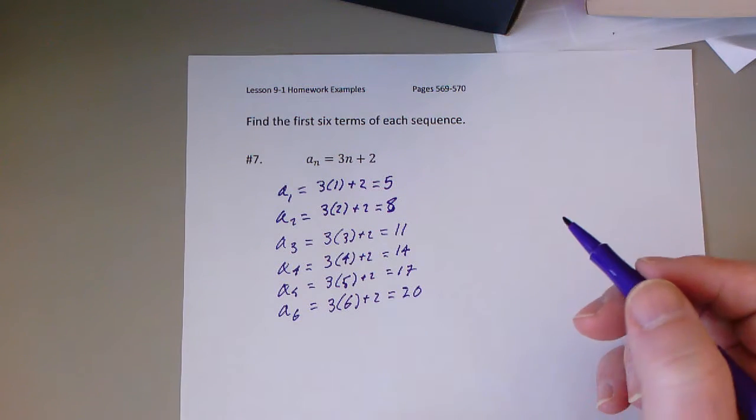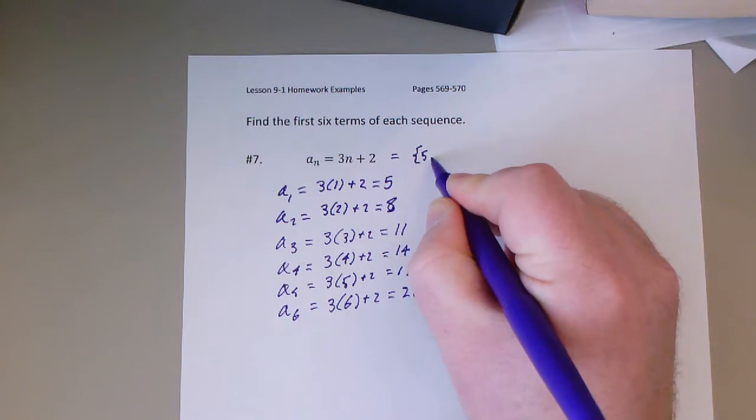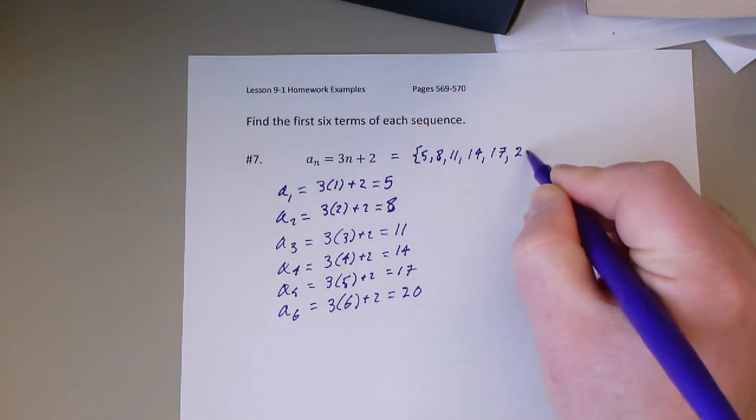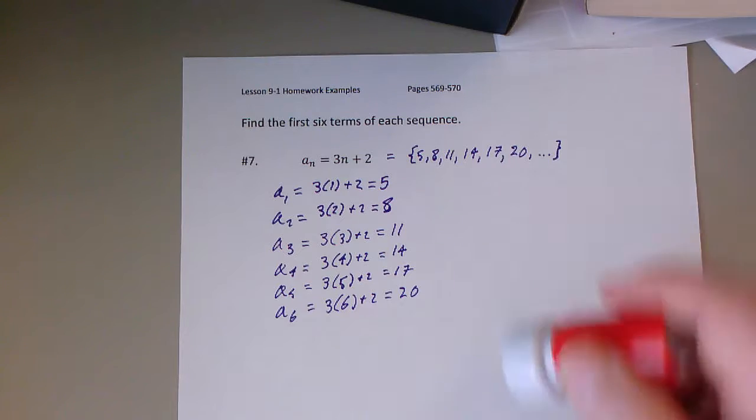With all 6 terms calculated, we're going to write these terms as a sequence. I'm going to write them in set notation. I'll put in my 6 terms, and I'm going to end it with ..., which means and so on. Good job.